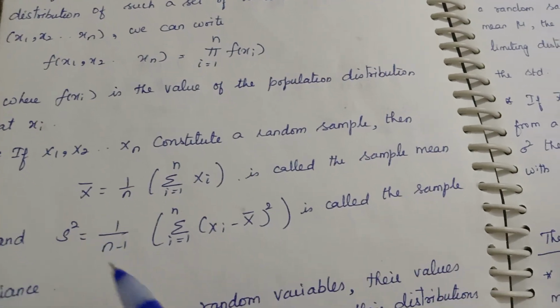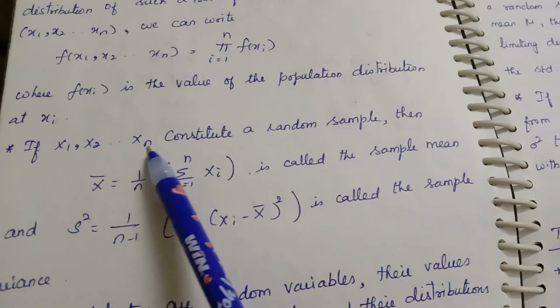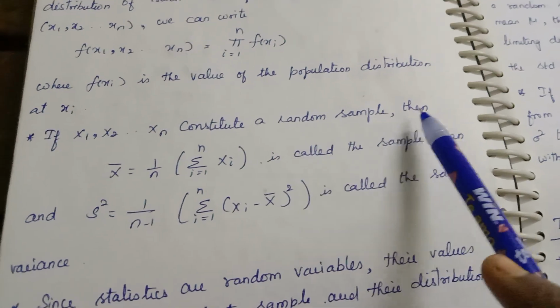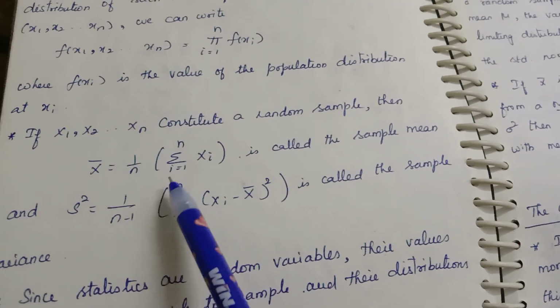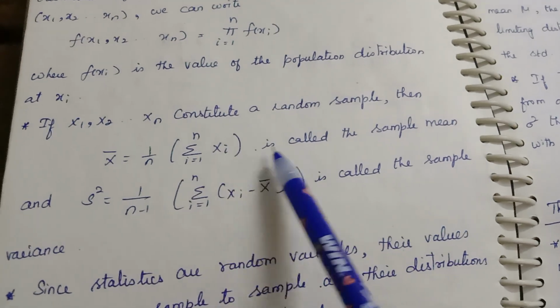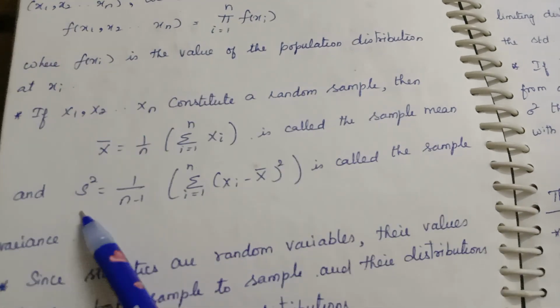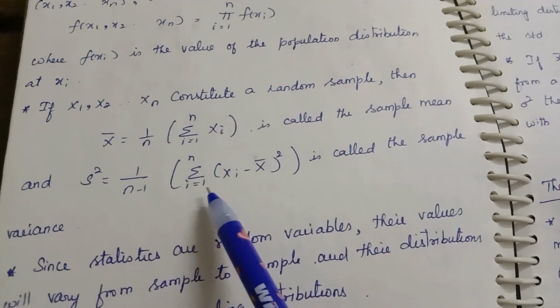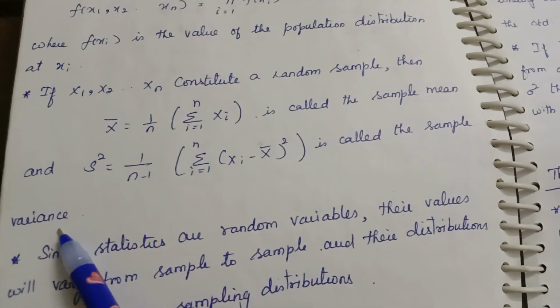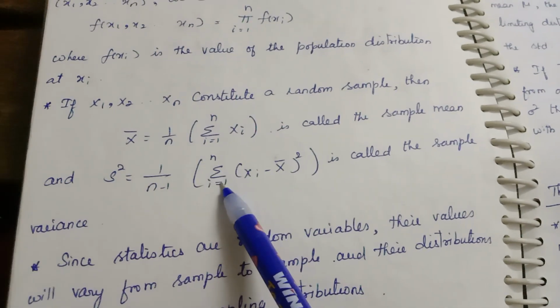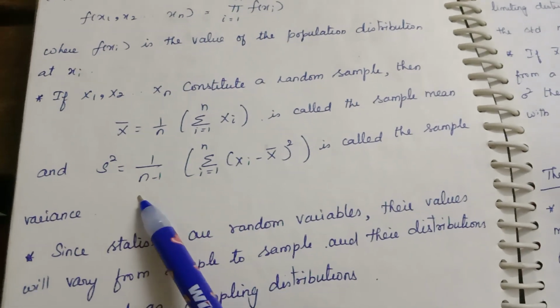Now if x1, x2, ..., xn constitute a random sample, then x bar equal to 1 by n times the summation of xi is called the sample mean, and s square equal to 1 by n minus 1 times the summation of (xi minus x bar) the whole square is called the sample variance. These are the formulas for finding the sample mean and sample variance.